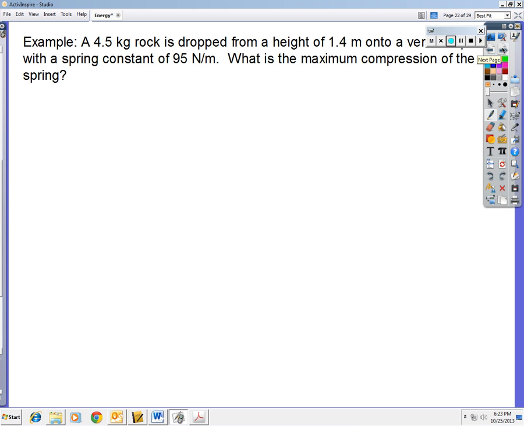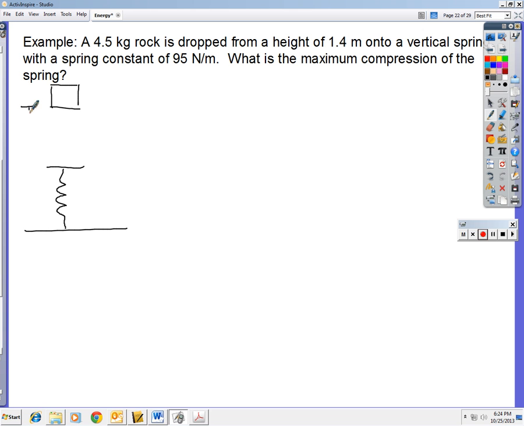Now let's look at an example of how we would use this. We've got a 4.5 kilogram rock, and we're going to drop it onto a vertical spring with a given spring constant, and we want to find the maximum compression of the spring. If we draw the system at the beginning, here's the ground, here's the spring, and we'll interpret the height, h, as the height above the spring. The spring right now is unstretched, so this is x equals 0.